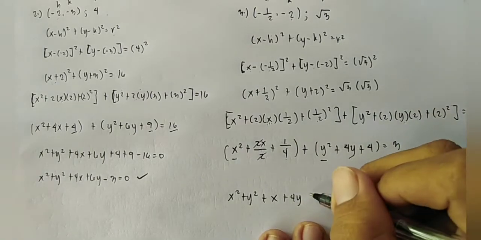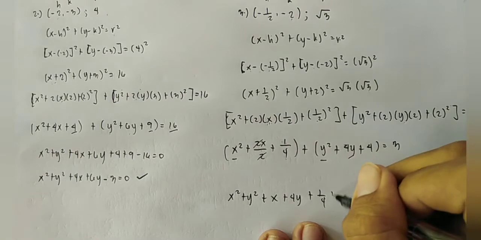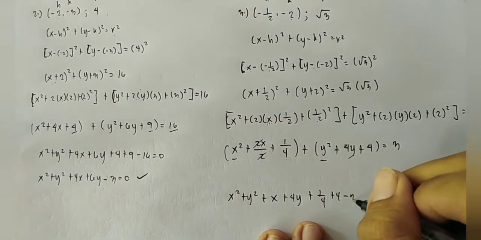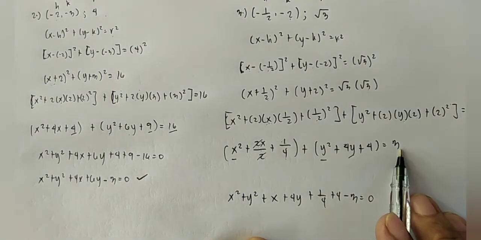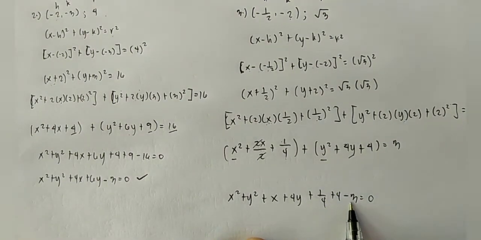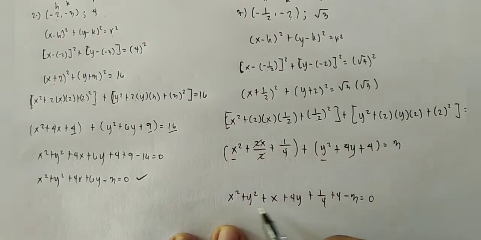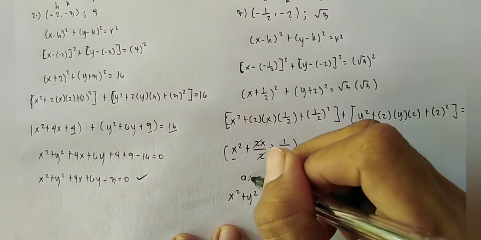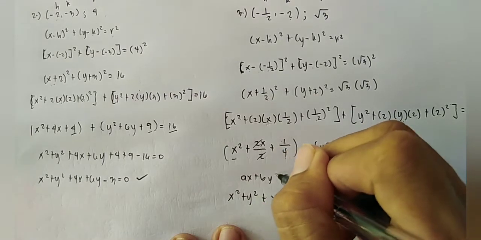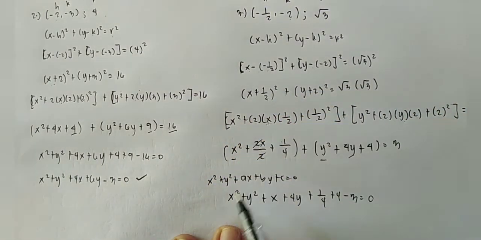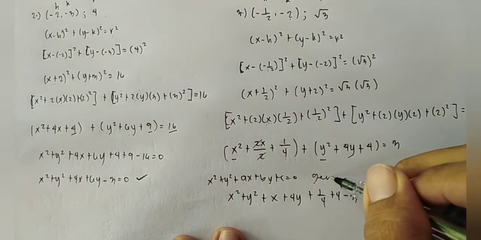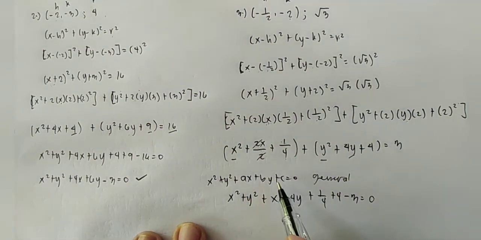Then we have the constant 1/4 plus 4 minus 3 is equal to 0. Where did we get negative 3? If we transfer positive 3 to the other side, it will become negative 3. Where did we get this form? We just follow the ax plus by plus c is equal to 0, x squared plus y squared plus the general form of the equation. So we just follow this format.